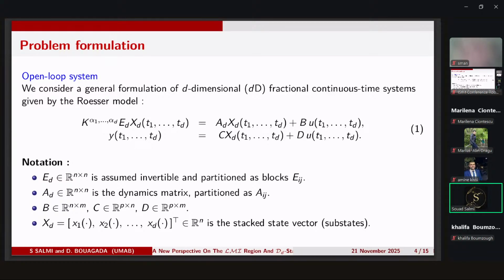First, we consider the generalized fractional Roesser model, the open loop system, where E_D is assumed invertible, A_D is the dynamic matrix, and B, C, and D are the control, the output, and the transmission matrix respectively. X_D represents the state subvectors.